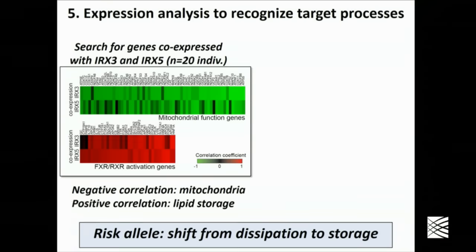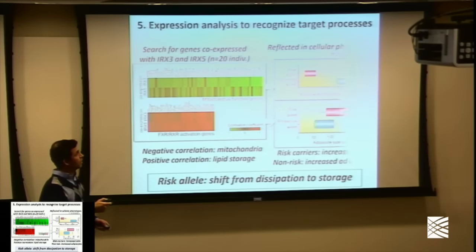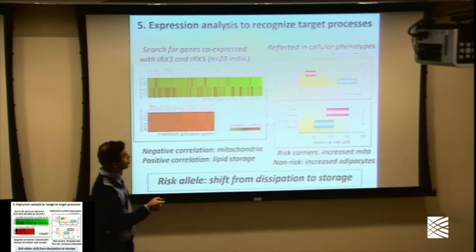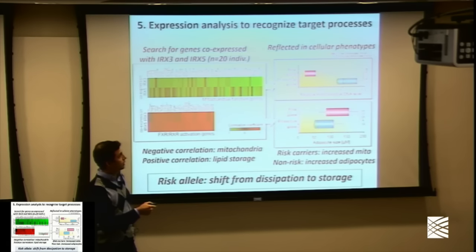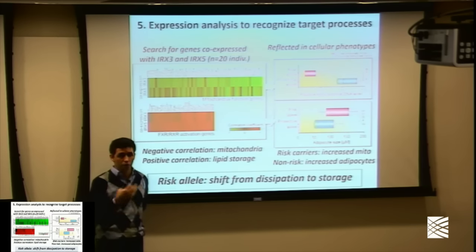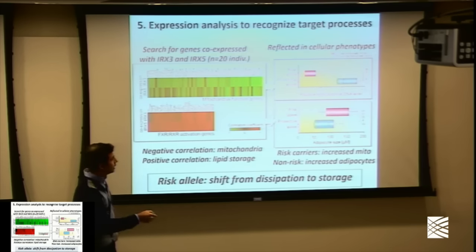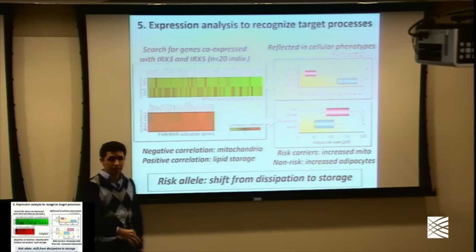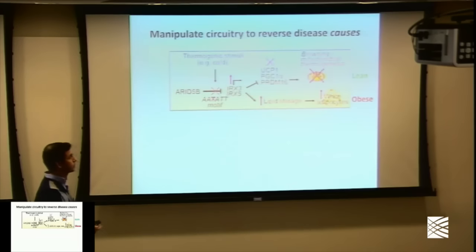And to validate that, we basically went to the cellular phenotypes and we said, well, do the risk individuals show less mitochondrial DNA content? And the answer is dramatically significant. They basically show several-fold less mitochondria, suggesting indeed that there are fewer mitochondria and there's therefore less energy dissipation. And indeed, the adipocyte size becomes larger for these individuals. So they basically are storing energy rather than burning it.